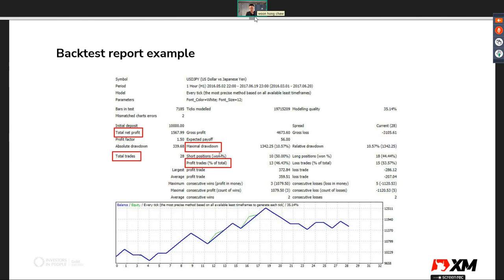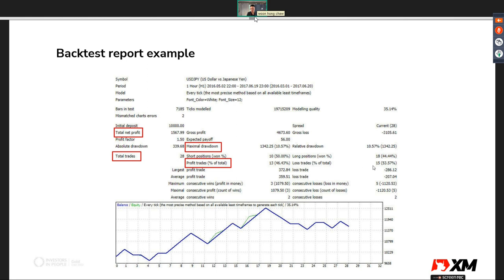But in this example, even though profit trades are fewer than loss trades, if your minimum risk to reward ratio is 1:2 or 1:3, like I mentioned earlier, your profit trades can also be fewer than your loss trades.